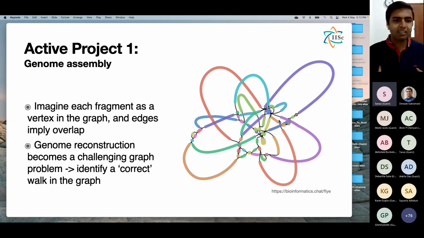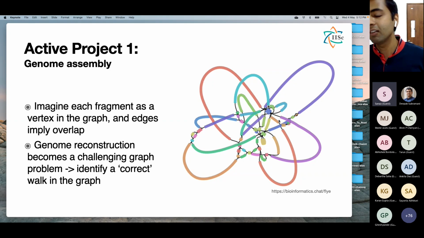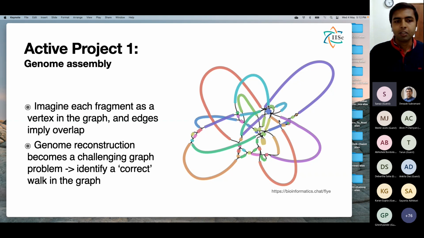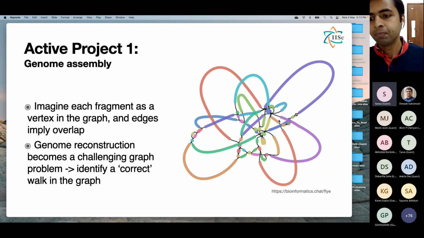This is the applied graph problem where we use various techniques and scalable algorithms to resolve the graph and ultimately give some genome reconstruction back to a biologist so that they can do further downstream analysis. So this is one example of a project where we are interested in reconstructing the genome from small fragment strings using graph algorithms.